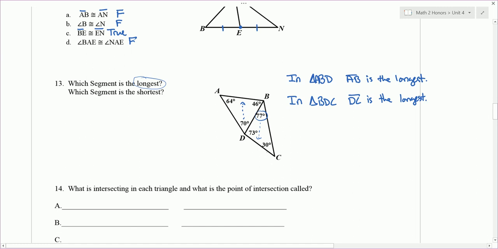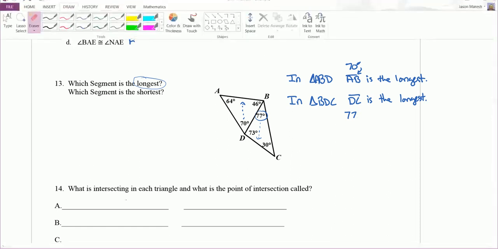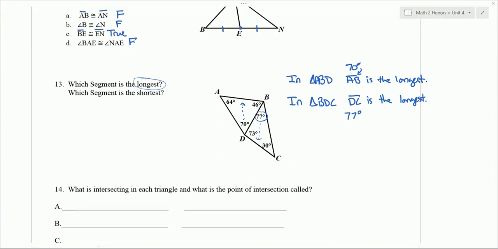What we cannot do is look at which angle was bigger. Sure, 70 degrees went with the AB, 77 degrees went with the DC, and 77 is bigger than 70. But because those angles are not in the same triangle, we have no say of which side is larger.